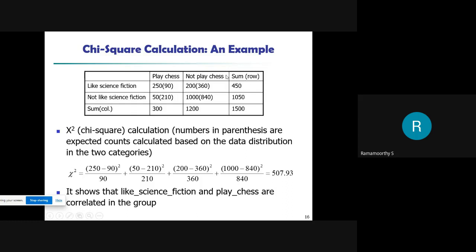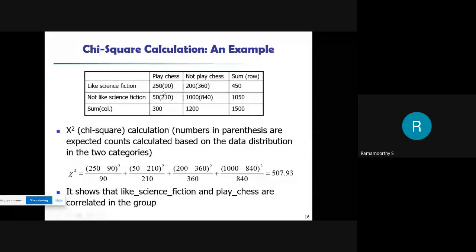The total number of people is the sum of the row. People who like science fiction will play chess more, comparatively.